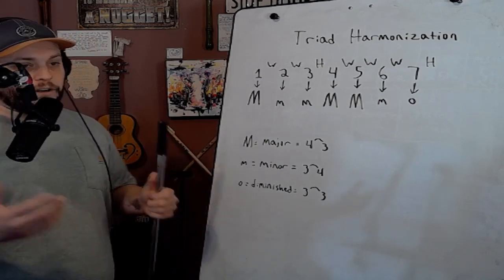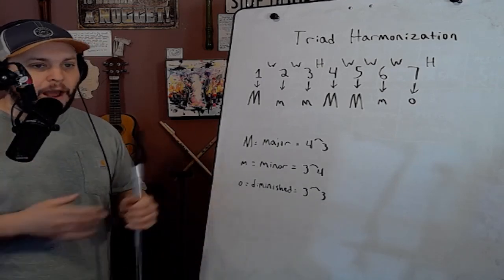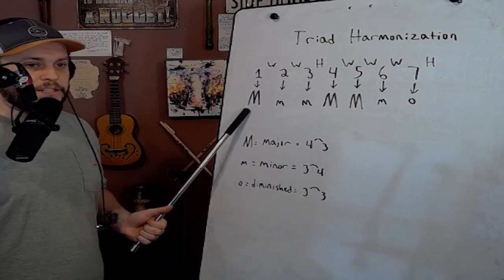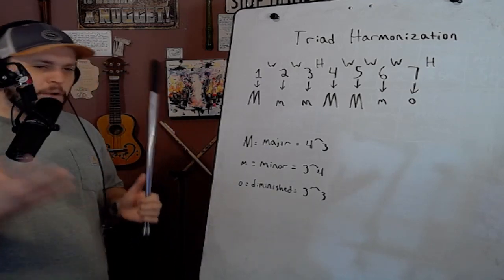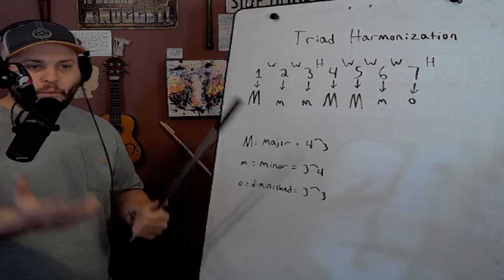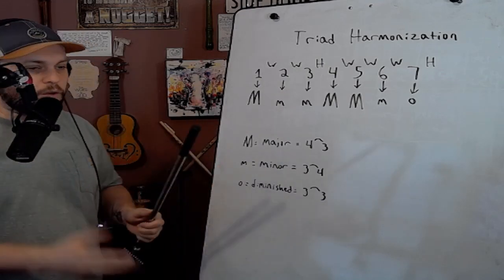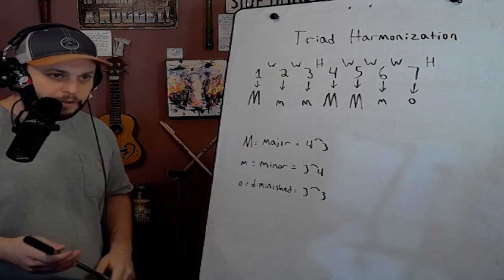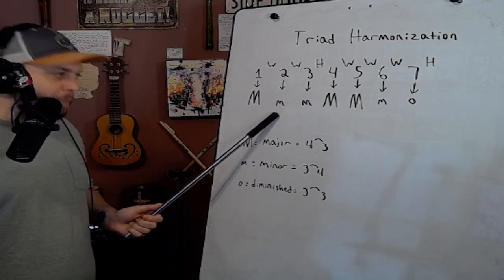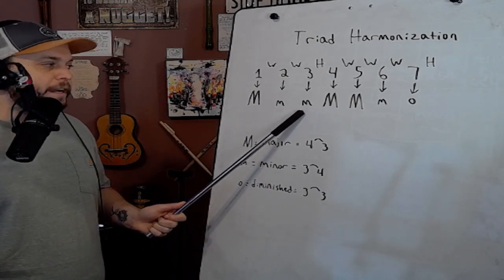So we've got our 1 chord. You're in a major key, so it's not surprising that your 1 chord is going to be major. For instance, in the key of D, your 1 chord is D major. In the key of B flat, your 1 chord is B flat major. Your 2 chord is minor. Your 3 chord is minor.